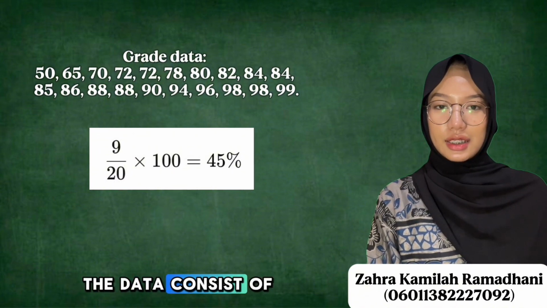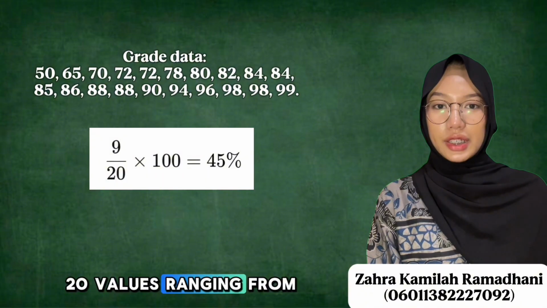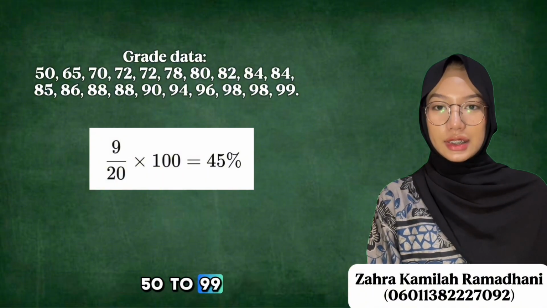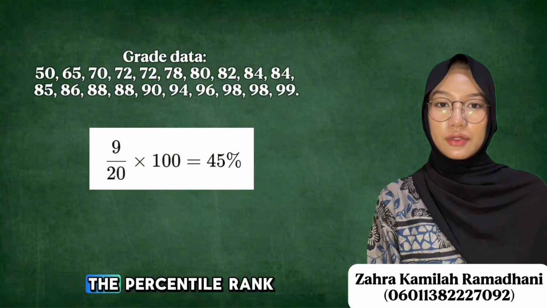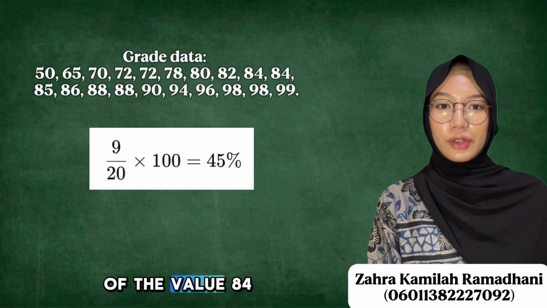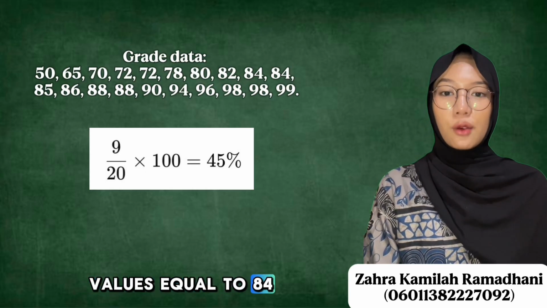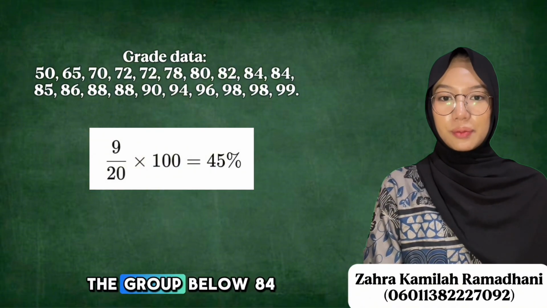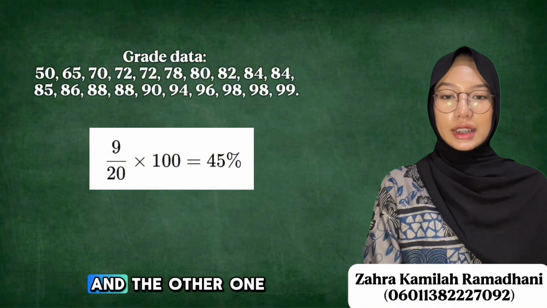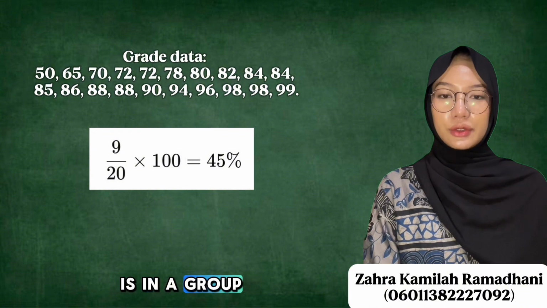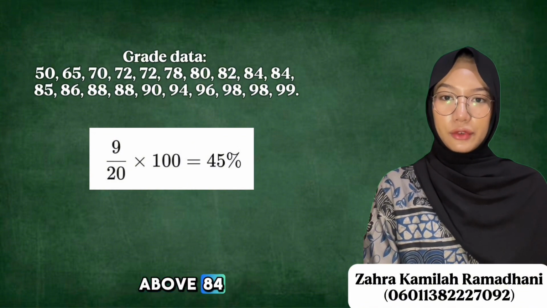The data consists of 20 values ranging from 50 to 99. We want to calculate the percentile rank of the value 84. Since there are two values equal to 84, one is assigned to the group below 84 and the other one is in the group above 84.